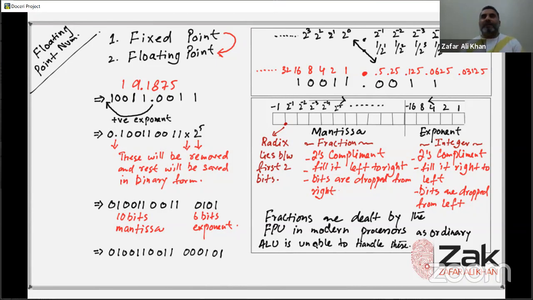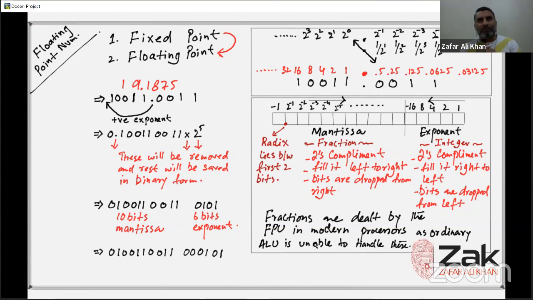Before we go any further, you need to understand that the usual microprocessor has got an ALU, arithmetic and logic unit. Arithmetic and logic unit is supposed to handle all the mathematical tasks. It is said to be the hands of the microprocessor. So it does all of the arithmetic, all of the mathematics that the processor needs to do.